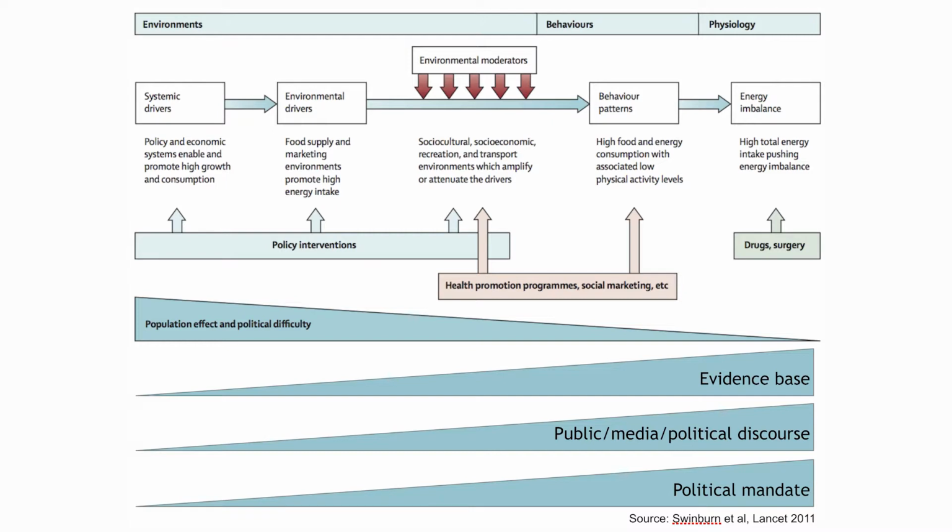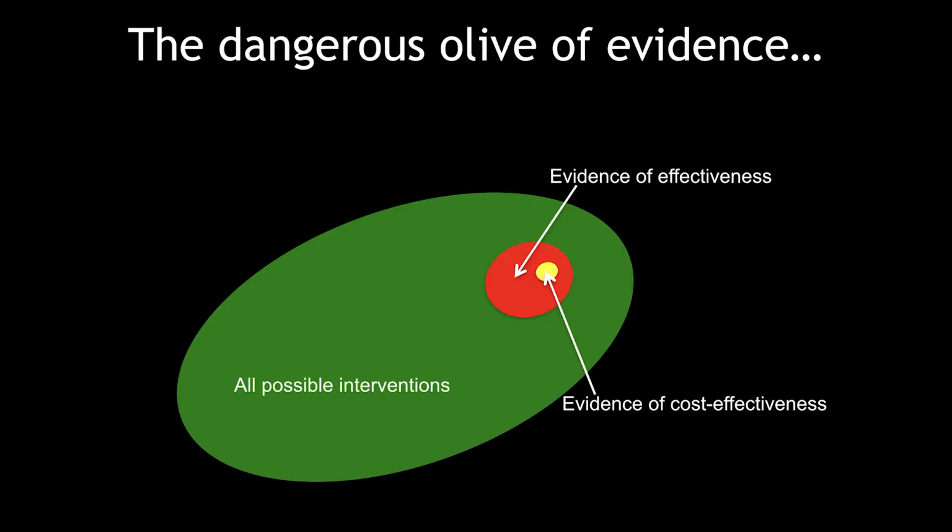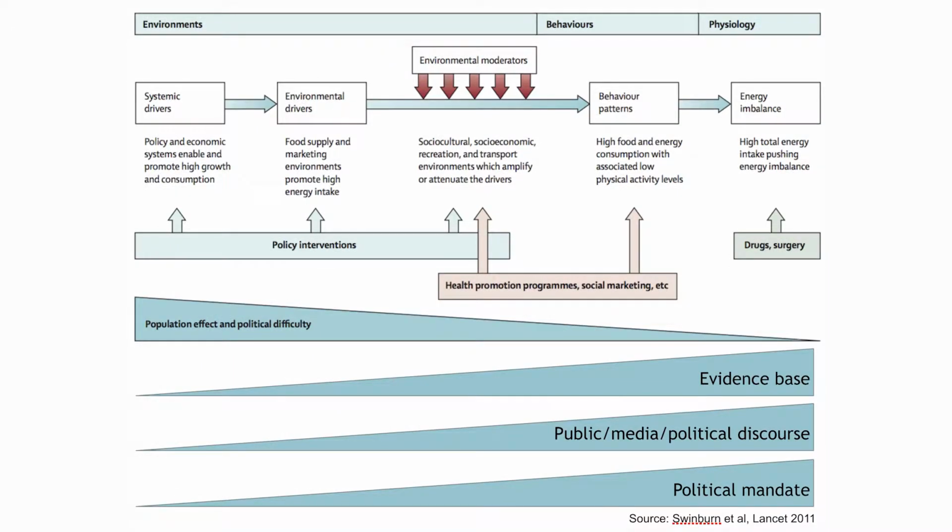And this is where the olive point comes in. Because the thing about the olive is that the interventions for which we have evidence of effectiveness, and even more so the interventions for which we have evidence of cost effectiveness, tend to be, not exclusively, but tend to be on the right-hand side of this diagram.